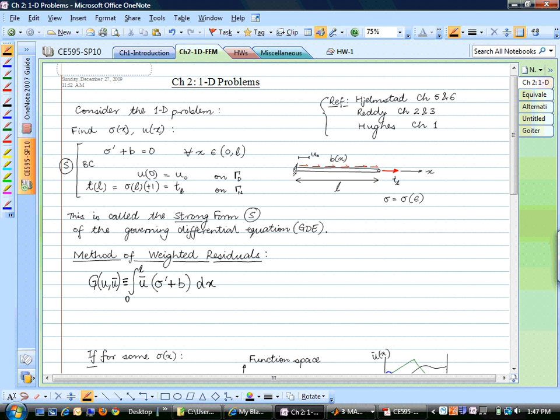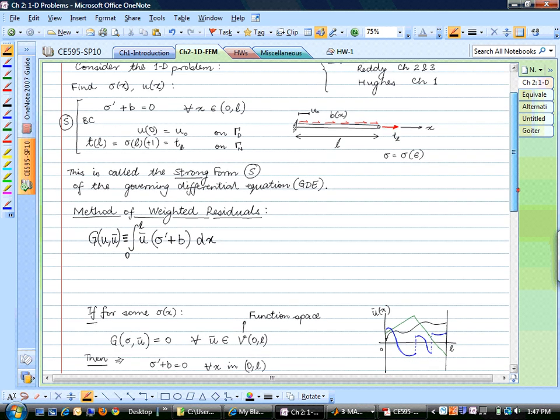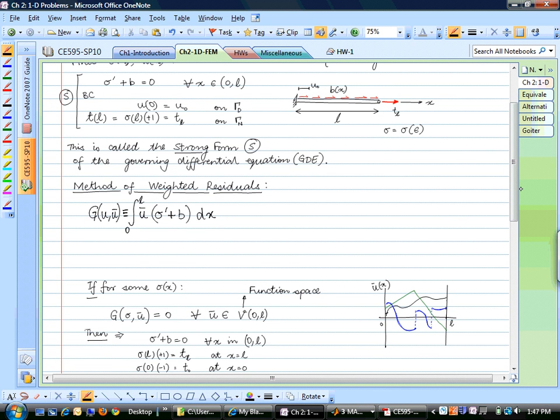If I say that this g must be equal to 0 for any function u bar, then you can be sure that this bracketed quantity, div s plus b, is going to be 0 at each point along the length of the bar. And this is the statement of this fundamental theorem of calculus.